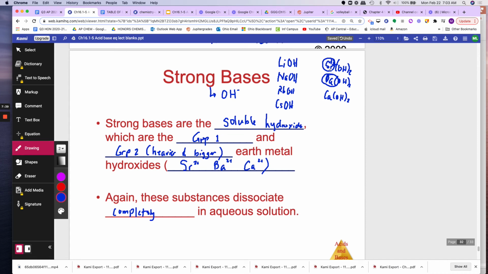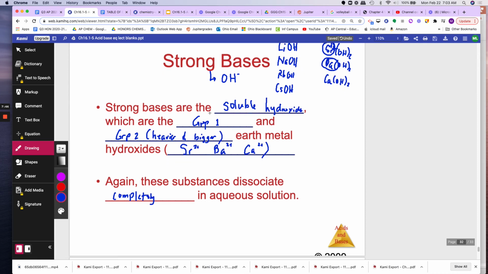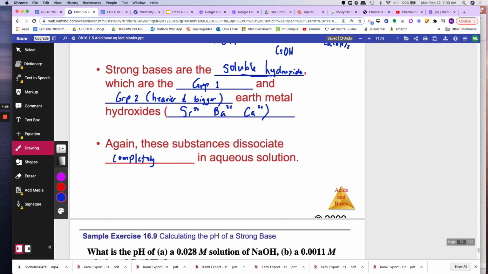So please memorize these, all of these. Okay, so strong bases are the soluble hydroxides, which are the group 1 hydroxides and the group 2 heavier and bigger alkaline earth metal hydroxides: strontium, barium, and calcium. The reason I have it in this list is it's spelled Sr Ba Ca. It sounds like Chewbacca. Okay, again, these substances will dissociate completely.